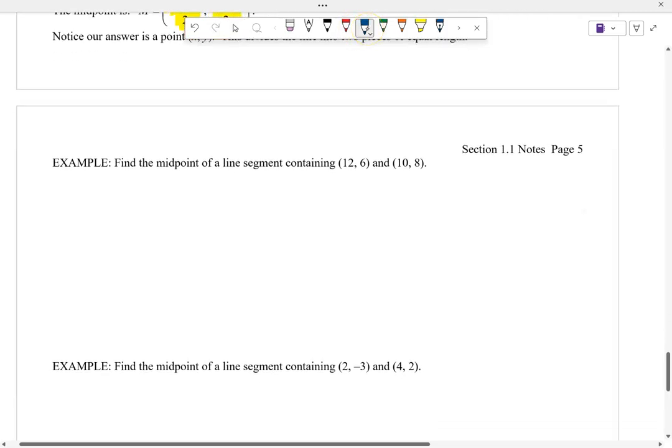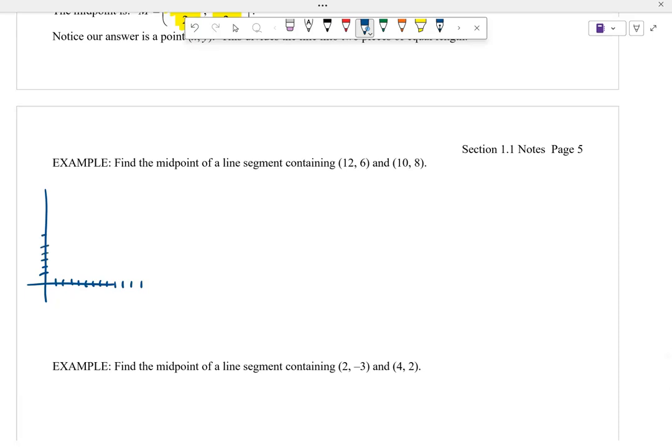So for this one, you've got 12, 6, and you've got 10, 8, and you could probably guess that that midpoint is going to be right smack between them. But if you're not sure, definitely plug it into the midpoint formula.